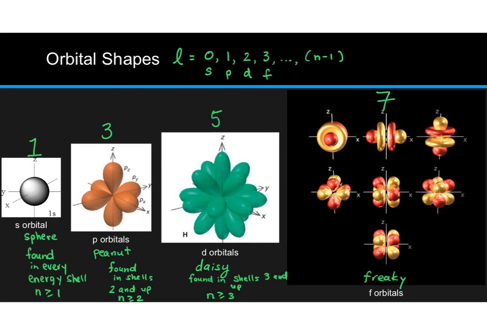And like you might expect, f orbitals with orbital angular momentum quantum number 3 must be found in shells 4 and up. Or, mathematically, the principal quantum number n for the energy shell must be greater than or equal to 4.